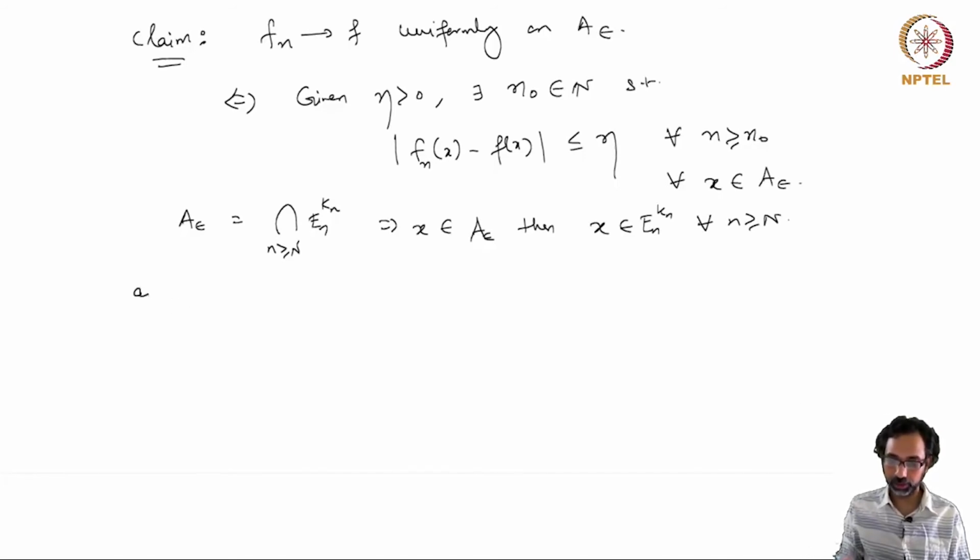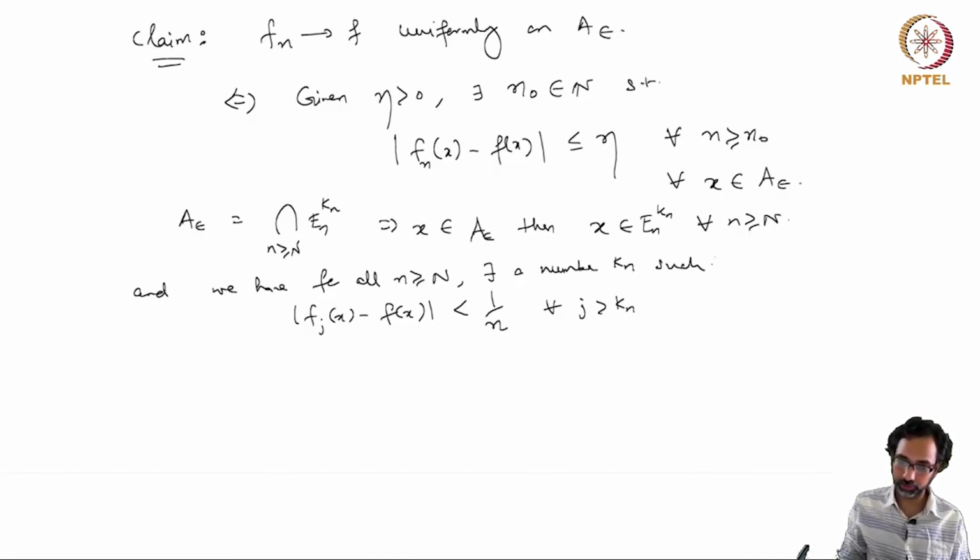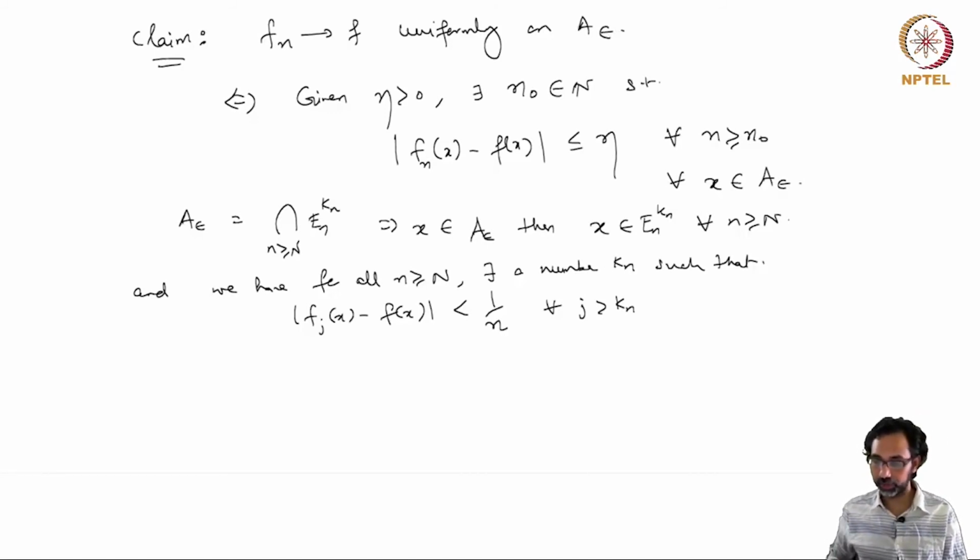and we have that the modulus of f_j(x) minus f(x) is less than 1 over n for all j greater than k_n, and this holds for all n greater than or equal to capital N. There exists a number k_n such that this holds because x belongs to E_n,k_n.